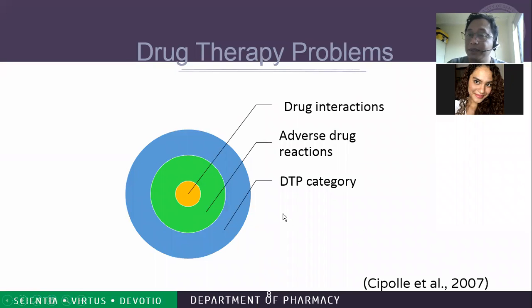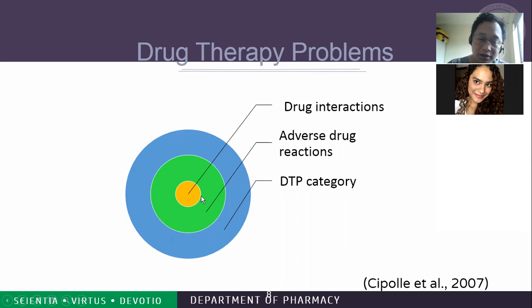And we sometimes also hear about drug interactions. The interactions can be from one drug to another drug, and also between food and drug, between supplement and drug, between traditional medicine and drugs, and so on.